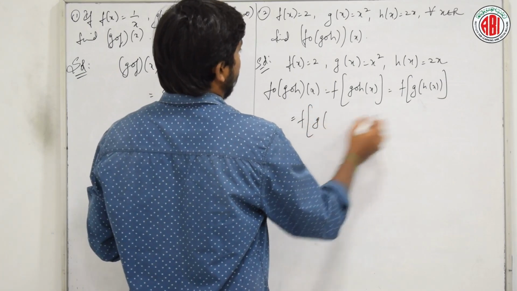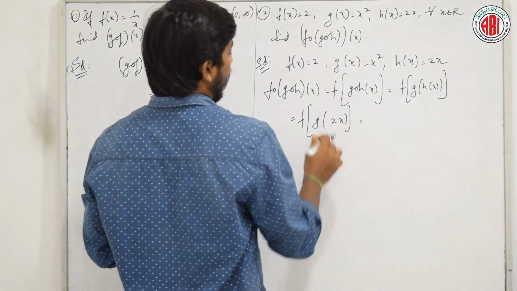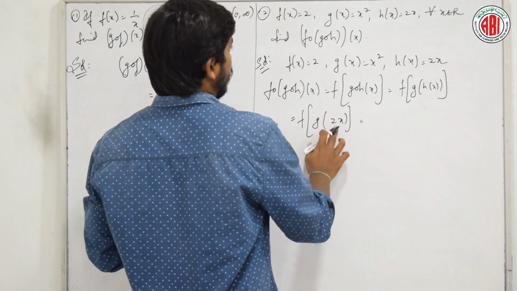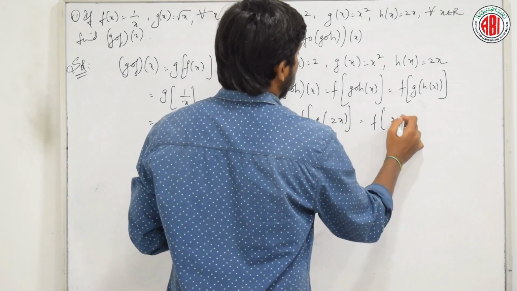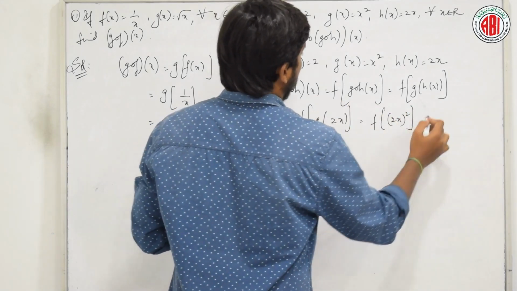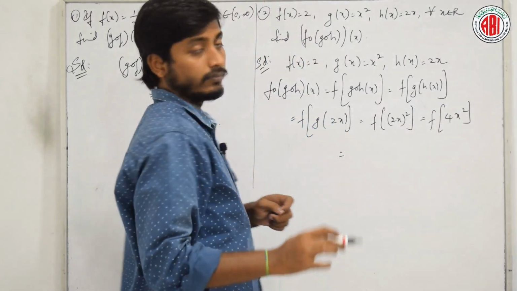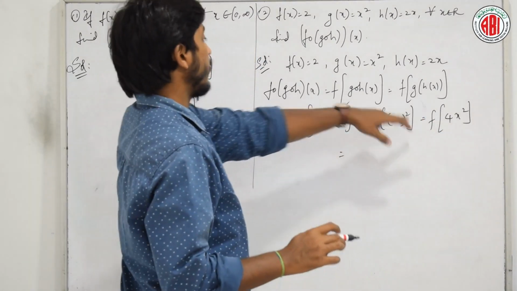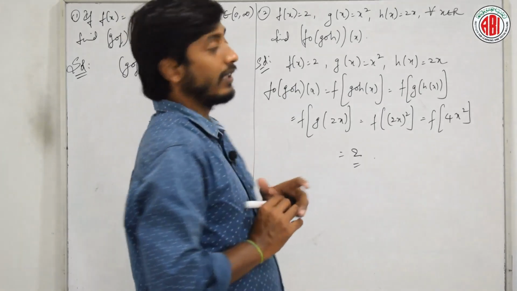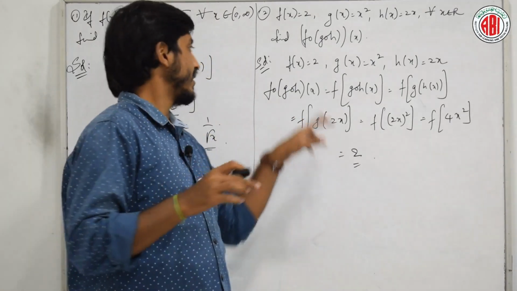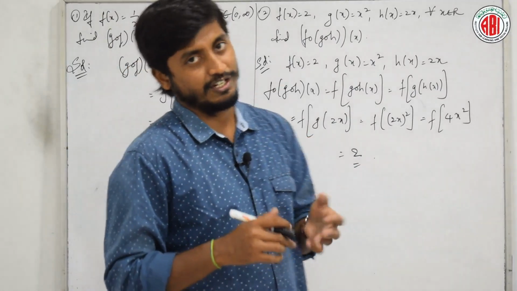What is h of x? Tell me. It is 2x. Now let us substitute this 2x in this g, that is f of 2x whole square. That is f of 4x square. Now let us substitute this 4x square, and whatever you substitute, f of something is always 2 because it is a constant function.